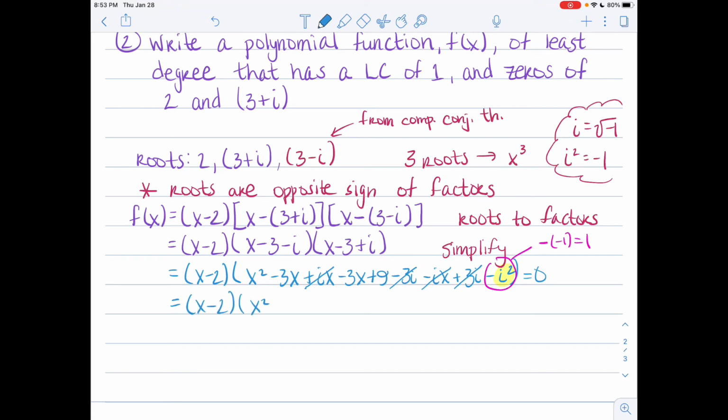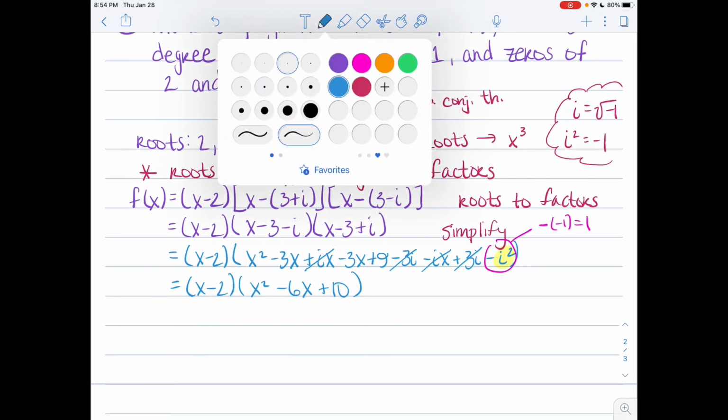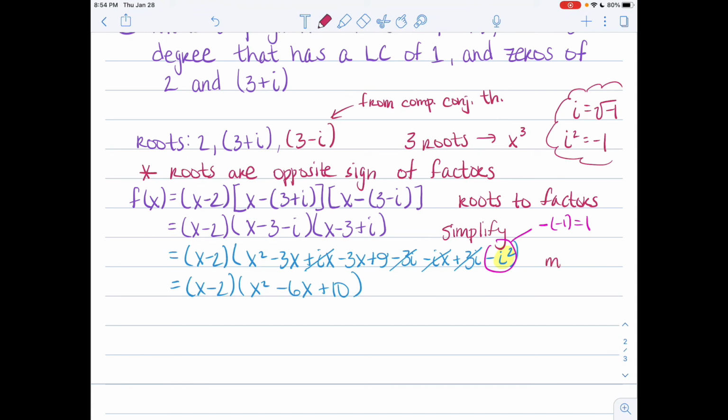I have a minus 3x and a minus 3x, minus 6x. And then I have a 9 as a constant, and then that 1 that I just figured out, so plus 10. So we just went from 9 terms to 3. Let's go ahead and make a couple of notes about what we did here. We did a multiply step or a distribution, and then we did a simplify step.